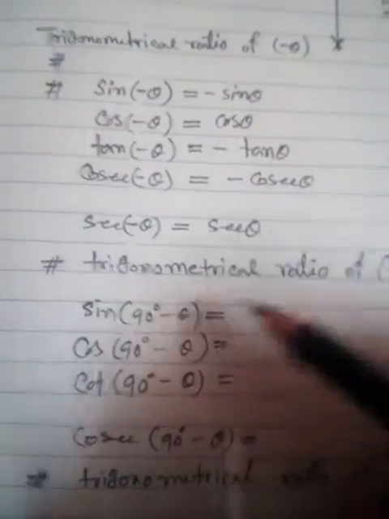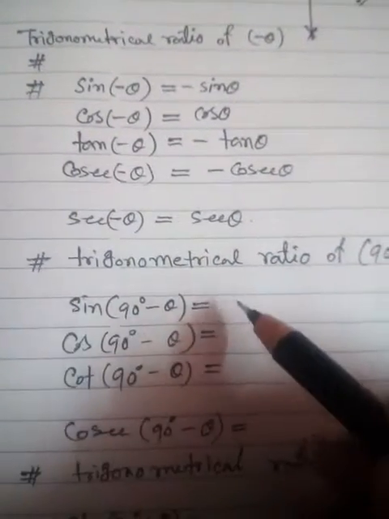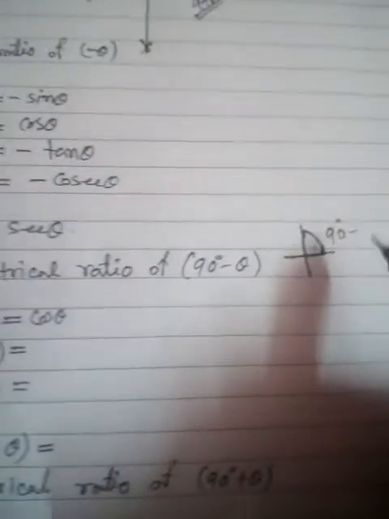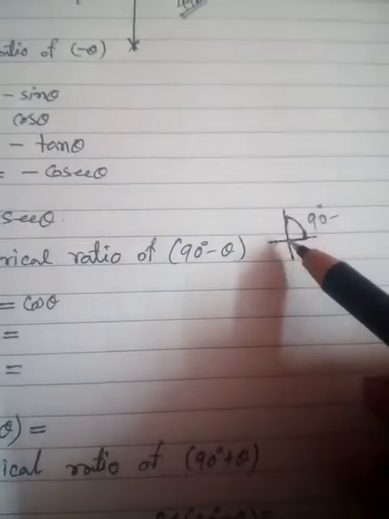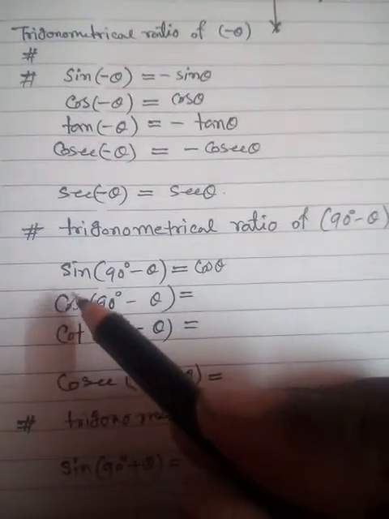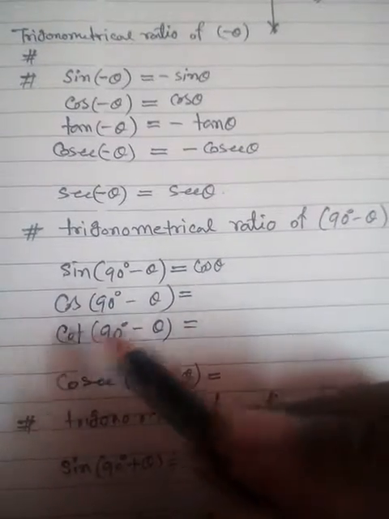So sin of 90 degree minus theta will be cos theta. Mind it, as this angle is in the first quadrant, the value of sin theta, cos theta or tan theta will be positive.